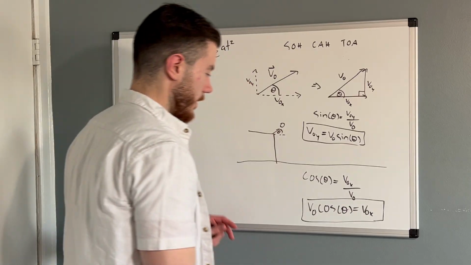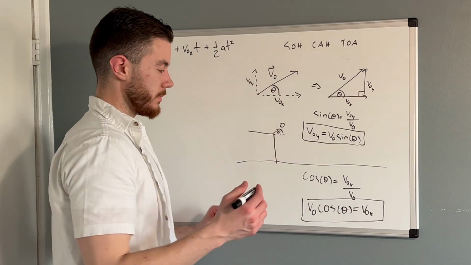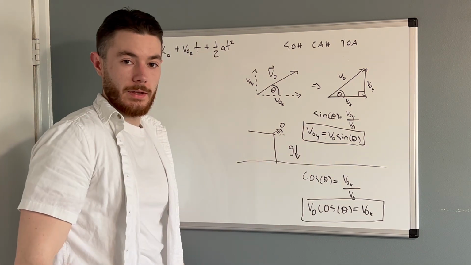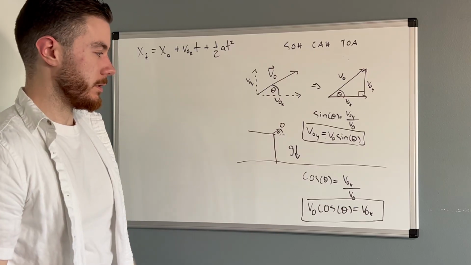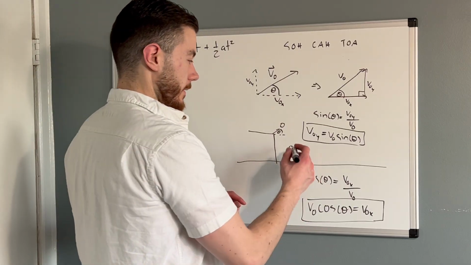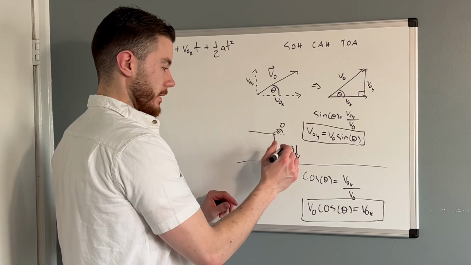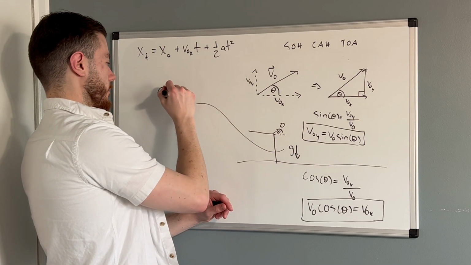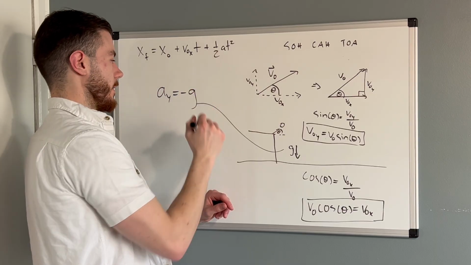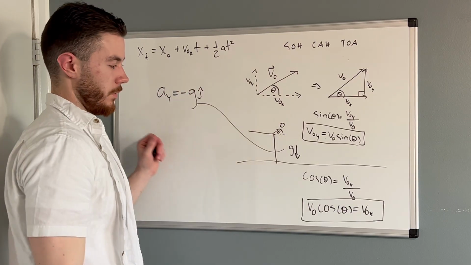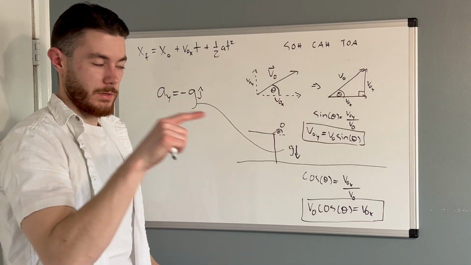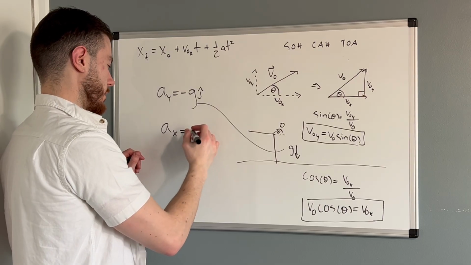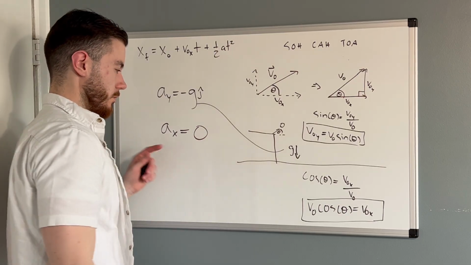Something else that's important is in real world problems, gravity points downwards and it accelerates objects downwards. It's an acceleration. Generally, there's no acceleration in the x dimension, so gravity is acceleration in the y dimension. Gravity does not accelerate things horizontally, only vertically. So generally in real life, the acceleration in the x direction is 0.